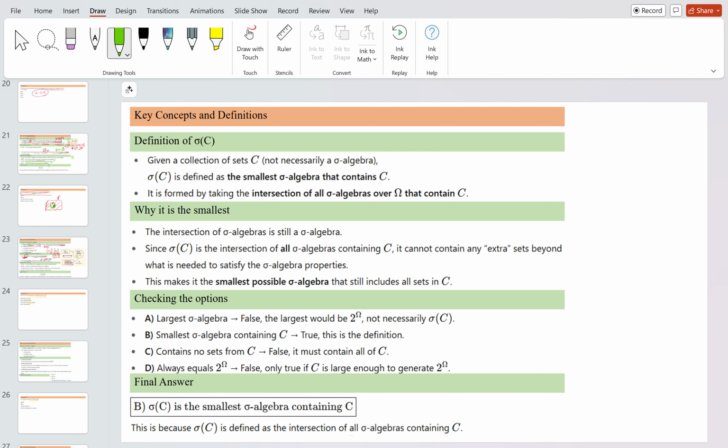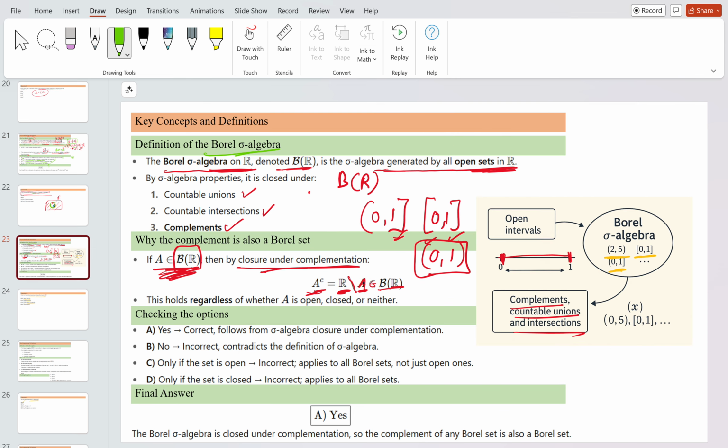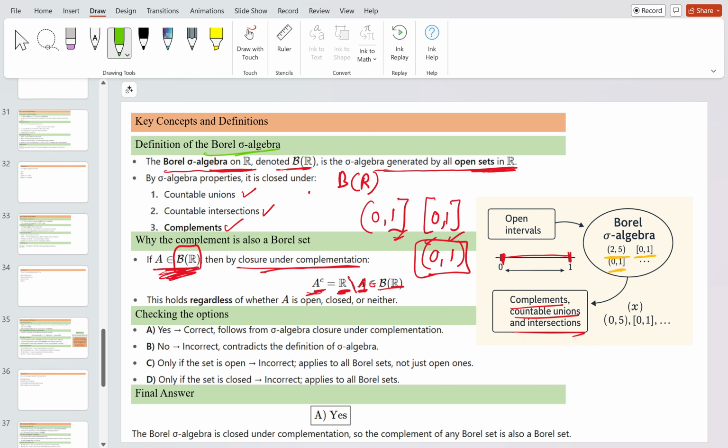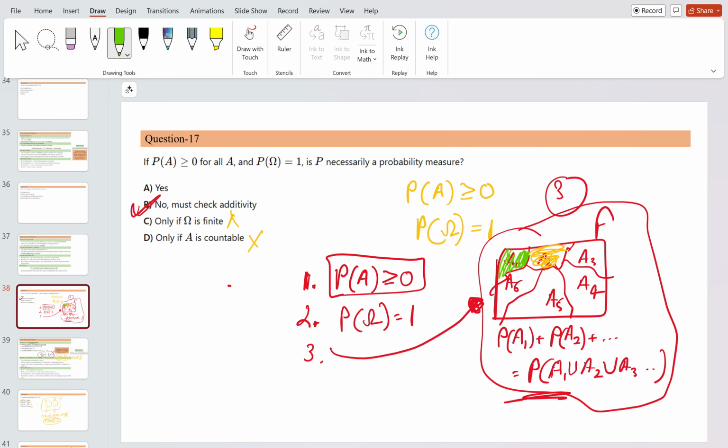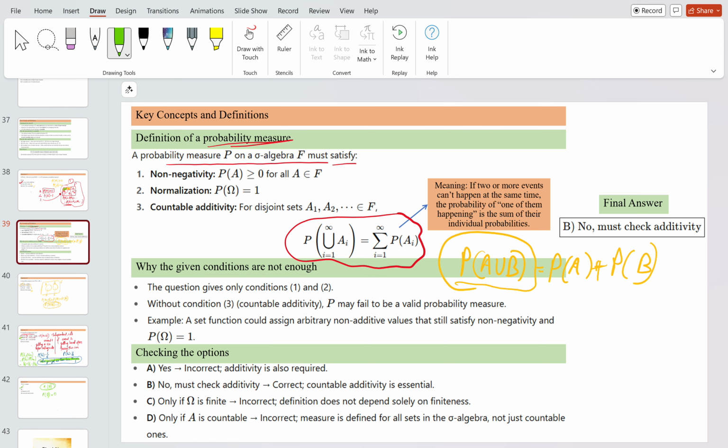Then we have seen the Borel sets, with a few properties. The Borel sigma algebra on R, denoted by B(R), is the sigma algebra generated by all the open sets in R. And then we have seen a few problems related to the probability space, and the definition of probability measure.